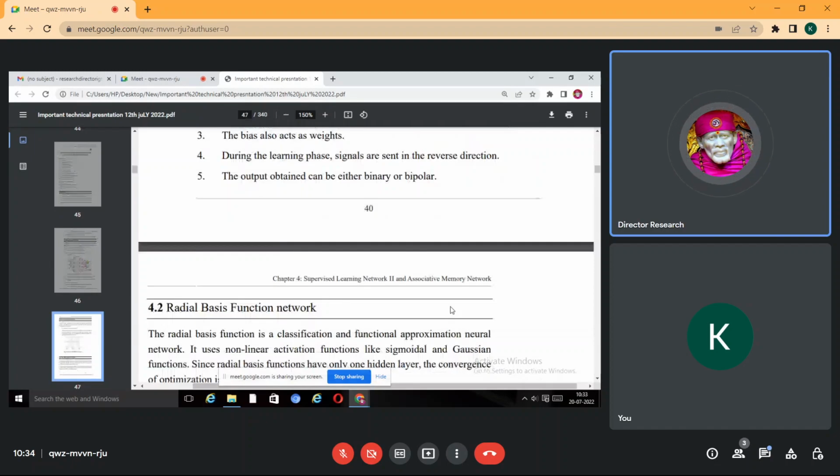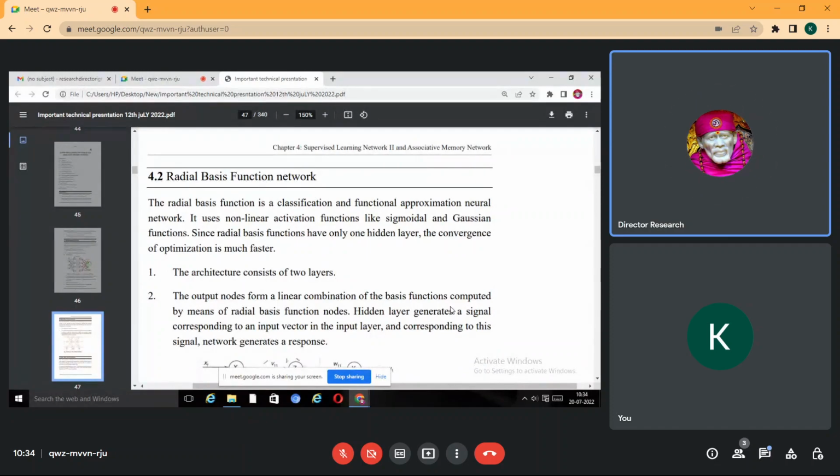Radial basis function network. The radial basis function network is a classification and functional approximation neural network. It uses nonlinear activation functions like sigmoidal and Gaussian functions. Since radial basis function networks have only one hidden layer, the convergence of optimization is much faster.